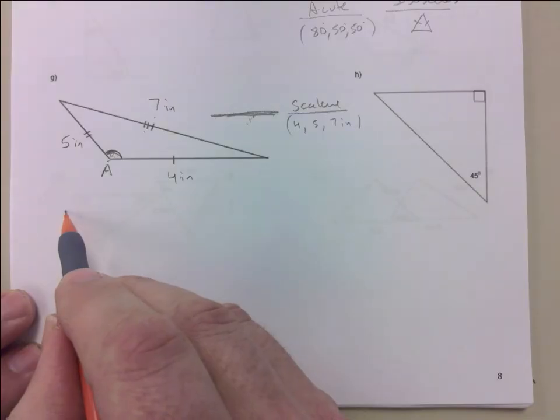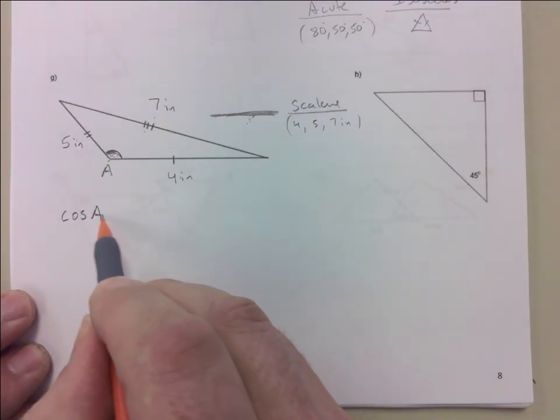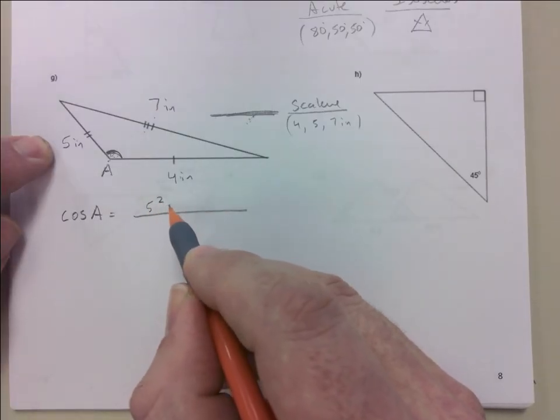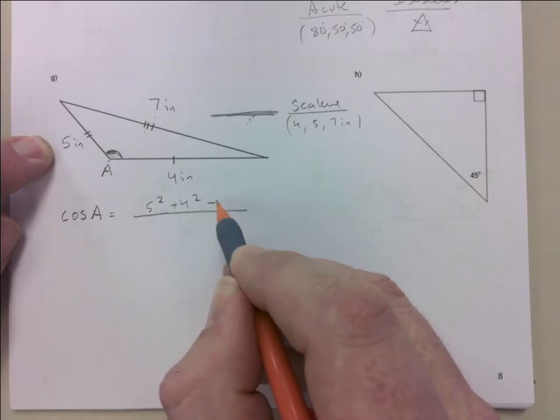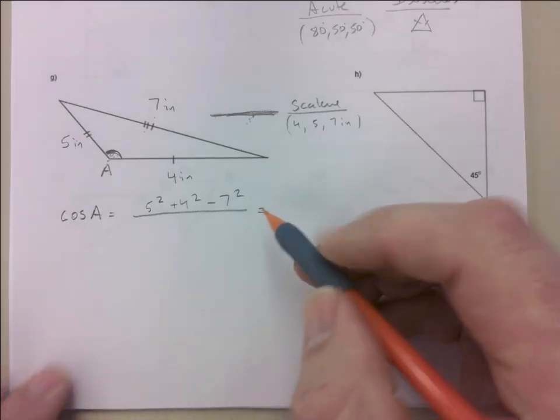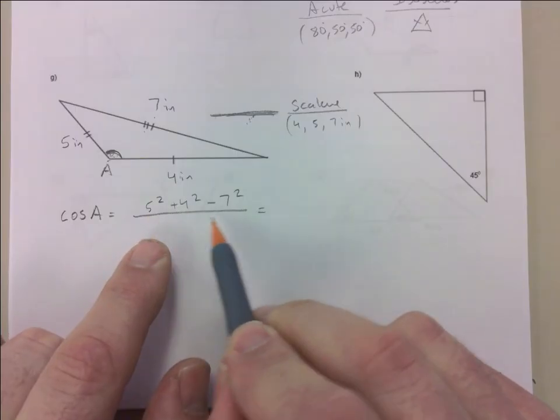So let's go and investigate. Cosine of A is 5 squared plus 4 squared minus 7 squared. I'm going to tell you, we're going to stop there. Our investigation will be over after this. Because, do you remember what I told you about this?